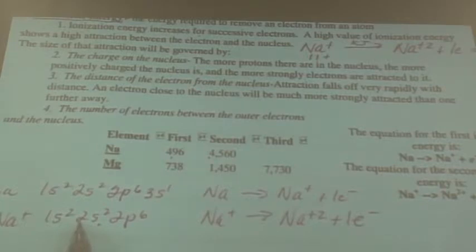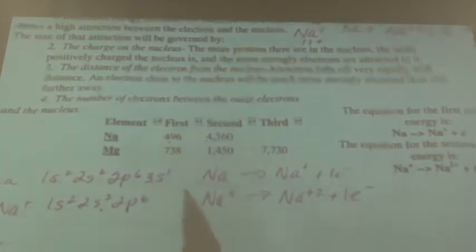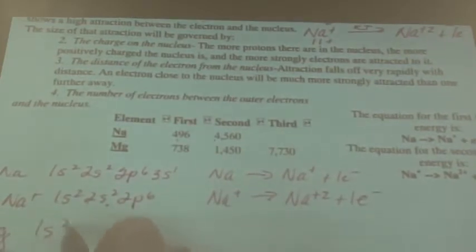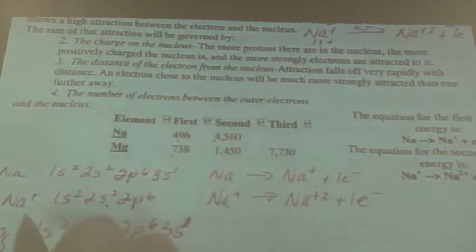Got it? Now, let's look at magnesium. Magnesium, when it is a neutral atom, is 1s2, 2s2, 2p6, 3s2. The first ionization energy is 738 kilojoules per mole. That takes this electron right out, the valence electron, and leaves magnesium as a +1 ion.